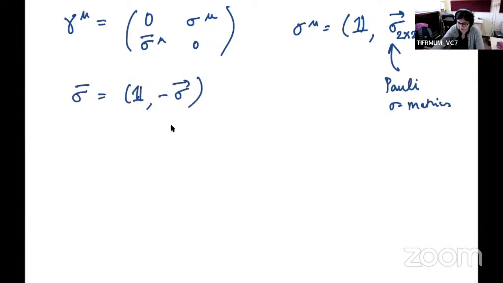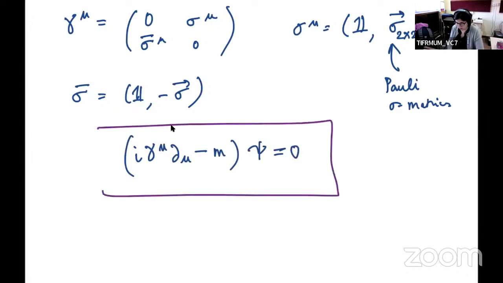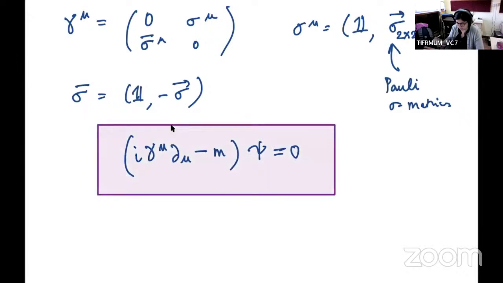And then you have the Dirac equation that is given as, right. So this is the well-known Dirac equation. And you can, in fact, derive this from this particular Lagrangian if you want.